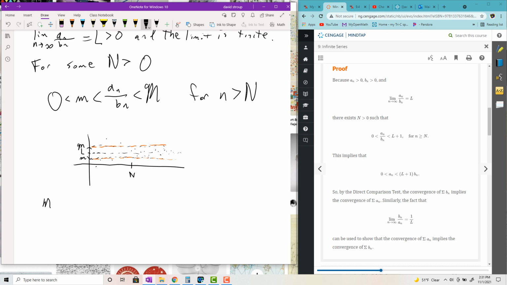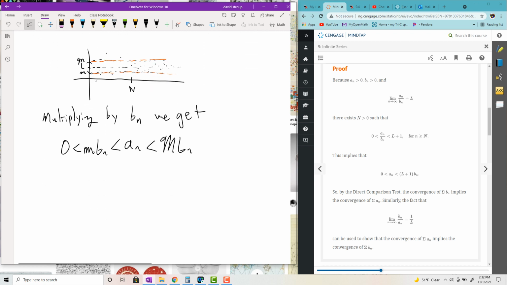Multiplying by b sub n, we get that 0 is less than little m times b sub n, less than a sub n, less than big M times b sub n. And what you have is the beginnings of the direct comparison test, right?